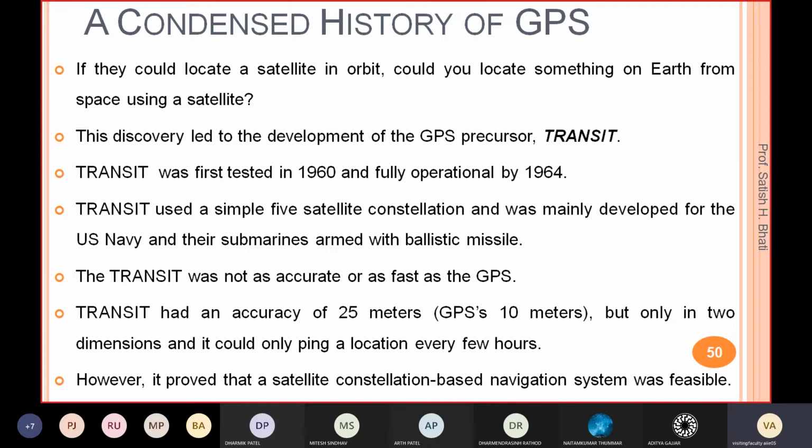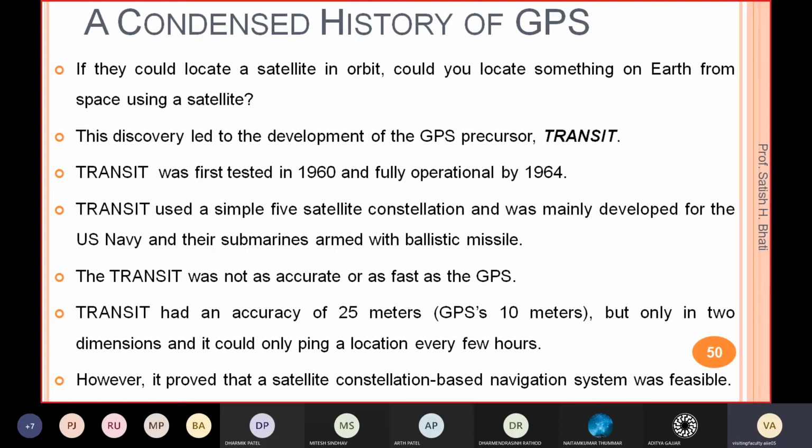Like in GPS, whatever location we are tracking, after an interval of some seconds you will get the updated location. In Transit, you get the updated location after a few hours.